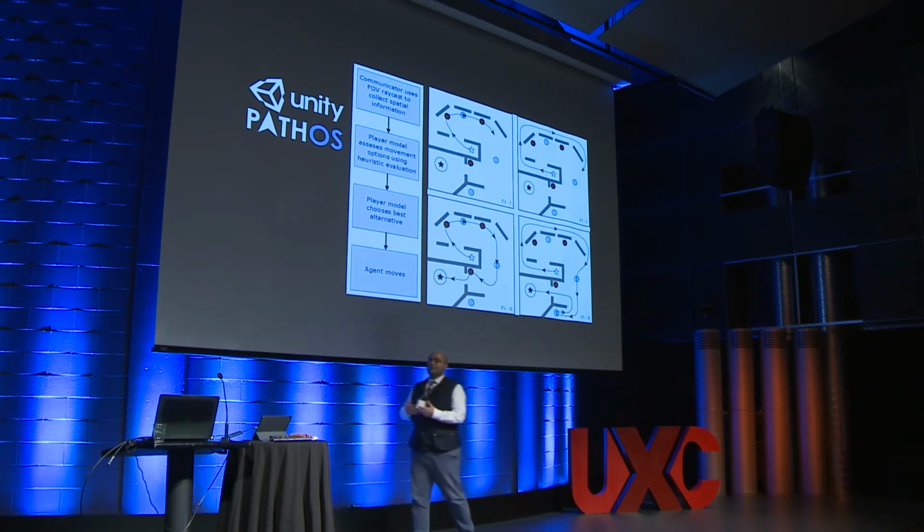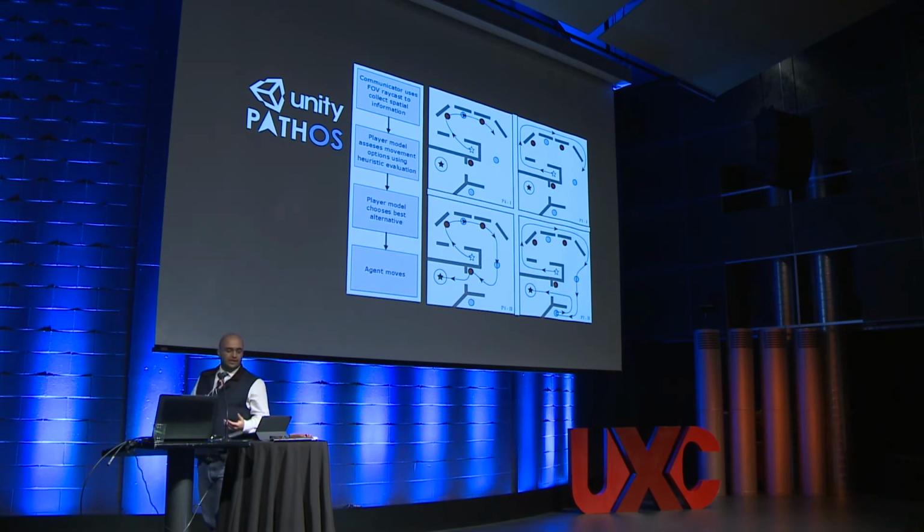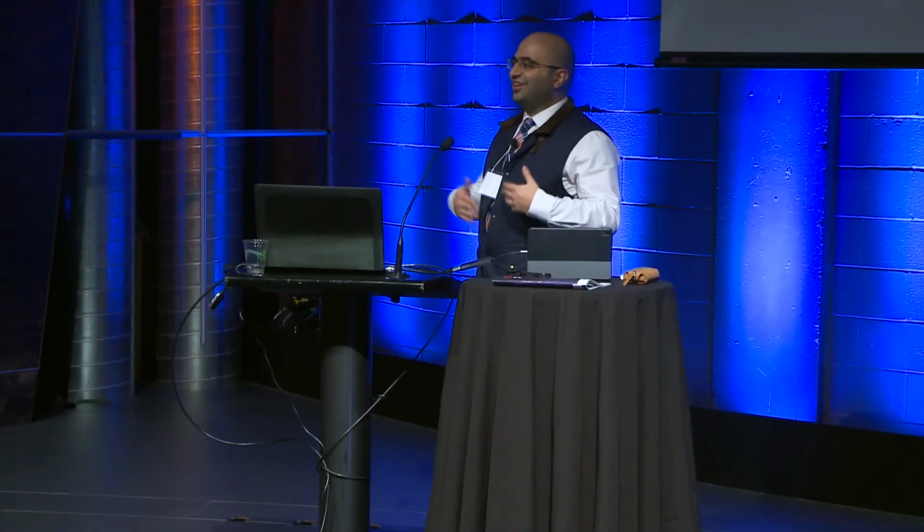So we are able to replicate some of these users' behaviors and then let them play our level. And based on that, we would identify issues with the level design that could help us iterate much faster.